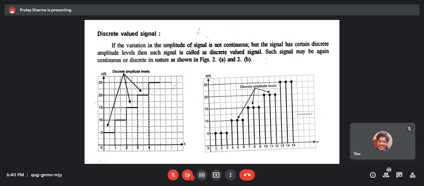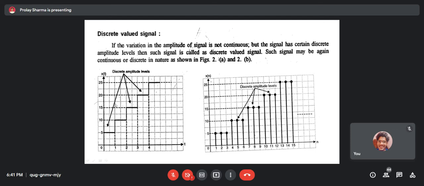We are getting sample values at the time positions 1, 2, 3, then 4, 5, 6. So the amplitude is discrete. At 0, 1 the amplitude is 5, at 3 the amplitude is 5, again at 4 the amplitude is 10, at 5 the amplitude is 10, at 6 the amplitude is 10, and at 7 the amplitude is 15.